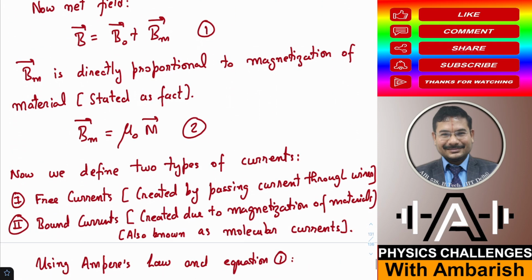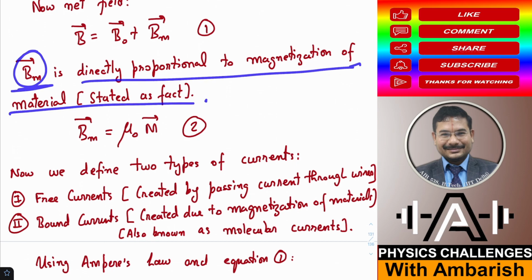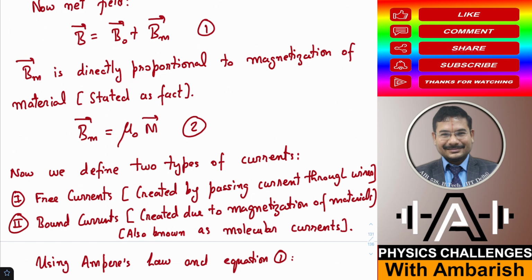Now it turns out that the field due to the magnetization of the material is directly proportional to the degree of magnetization of the material. So if there is greater magnetization, that is greater magnetic moment per unit volume, then there is greater Bm. And the relationship is given in NCERT as B due to magnetization is mu naught times magnetization vector.